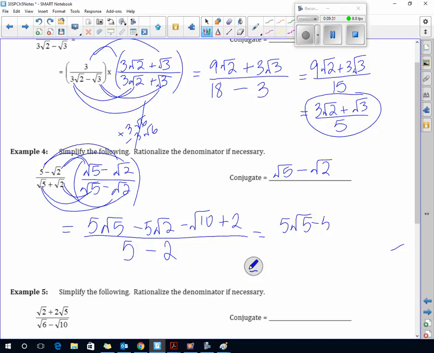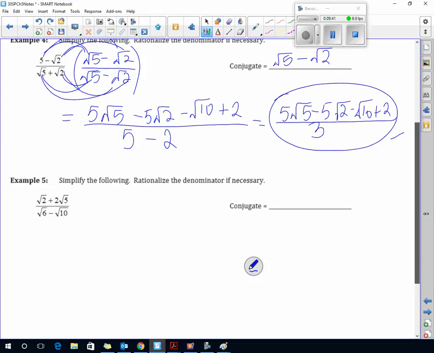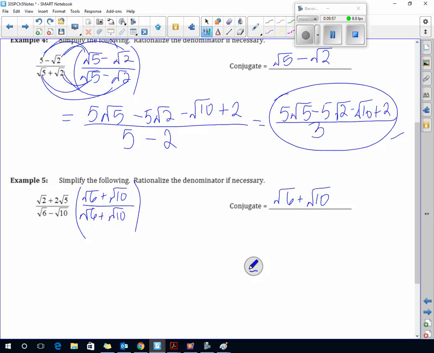Yay. Okay, next one. The conjugate is going to be root 6 plus root 10. Root 6 plus root 10 over root 6 plus root 10. There's my form of 1, right? Okay, so first I get root 12. Outer I get plus root 20.